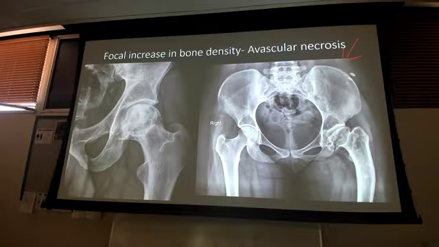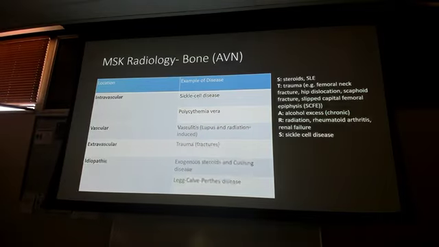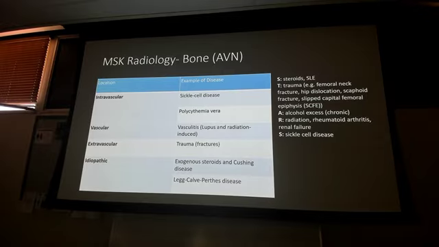And on top of that, you're probably going to have some patient history and some patient symptoms, i.e. some hip pain going on for quite a while. Or I have one of these things that increase my risk of avascular necrosis. I have sickle cell disease. I have polycythemia vera, right?